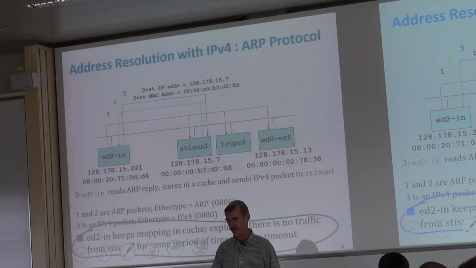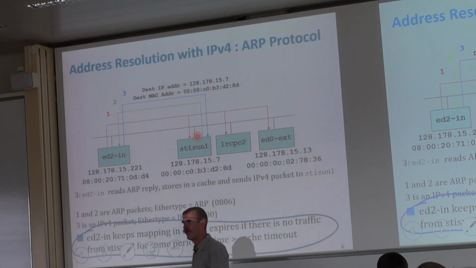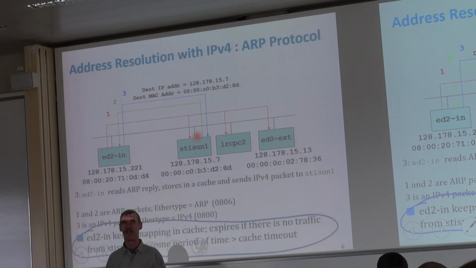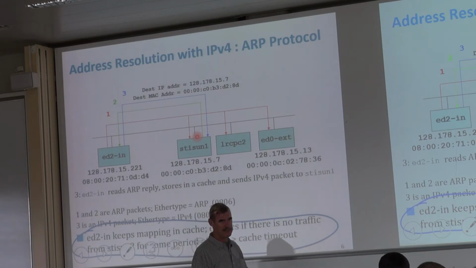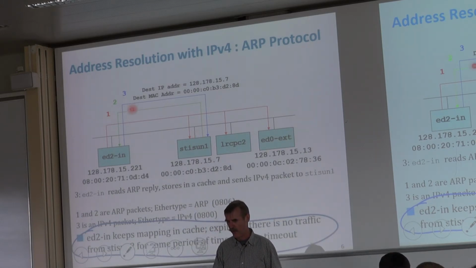So if this router is sending traffic to this one, if it's a single packet, then the cache will expire after a few minutes, which means the next packet will need to do all that ARP reply and the request again. But in most cases, there is traffic flowing between the two.